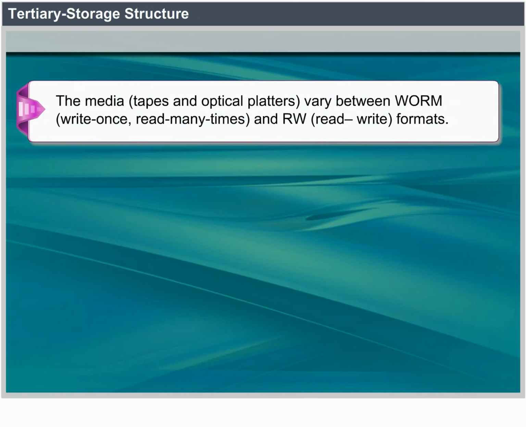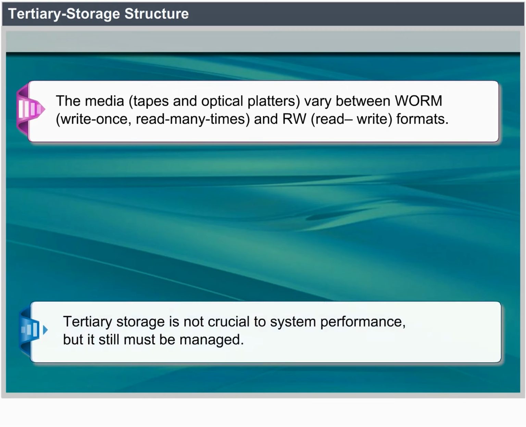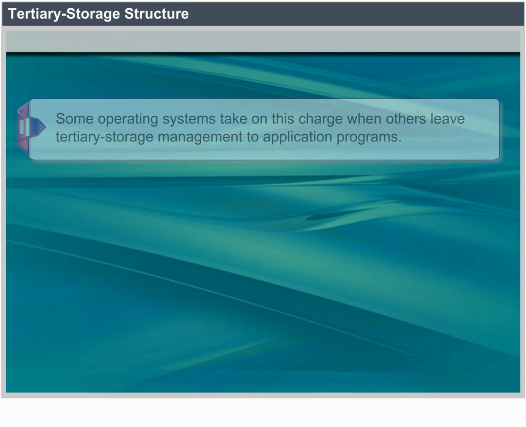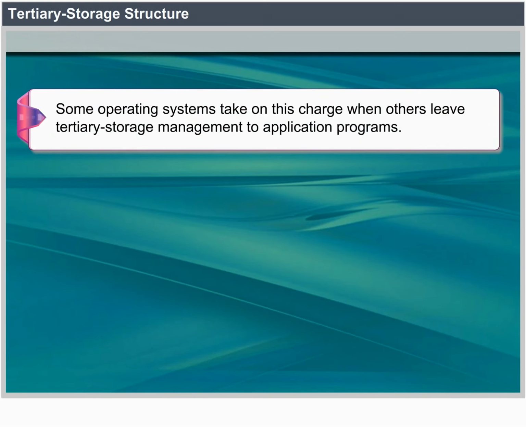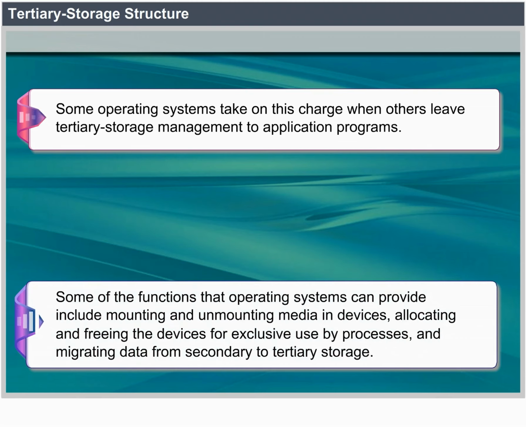Tertiary storage is not crucial to system performance, but it still must be managed. Some operating systems take on this task while others leave tertiary storage management to application programs. Some of the functions that operating systems can provide include mounting and unmounting media in devices, allocating and freeing the devices for exclusive use by processes, and migrating data from secondary to tertiary storage.